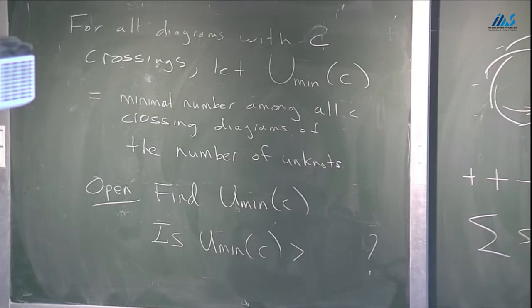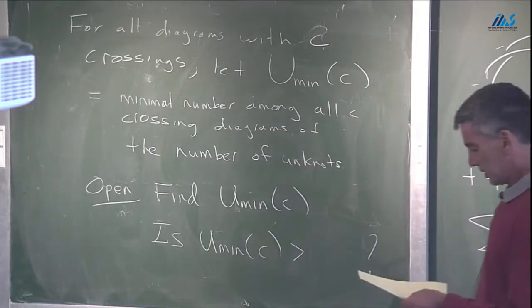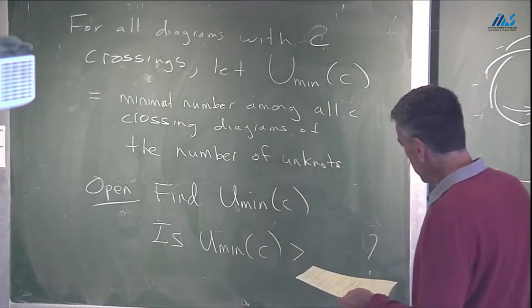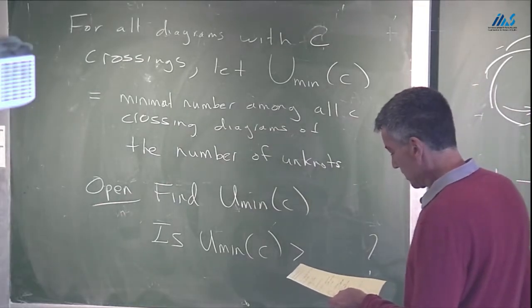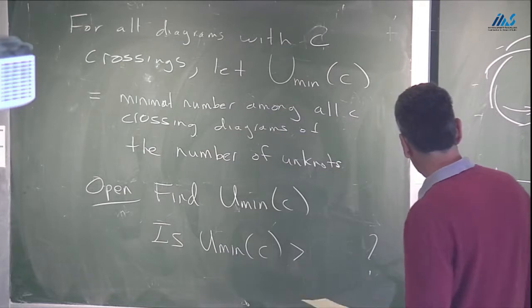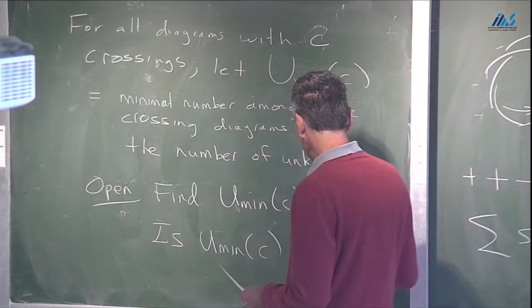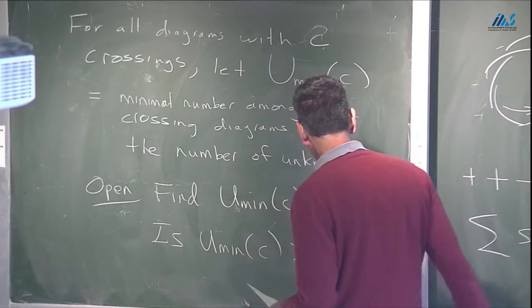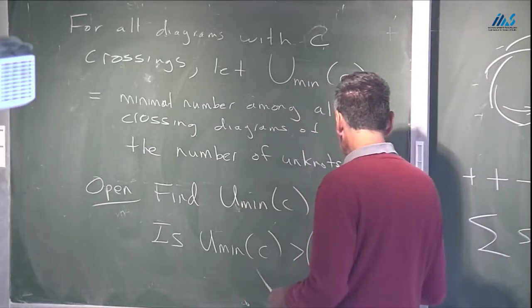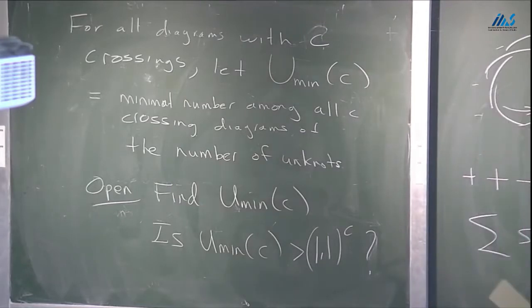The way I've described it here: is it greater than, say, 1.1 to the C? Okay, no idea if it's this. No, that it diverges. Yeah, let me give you an example.